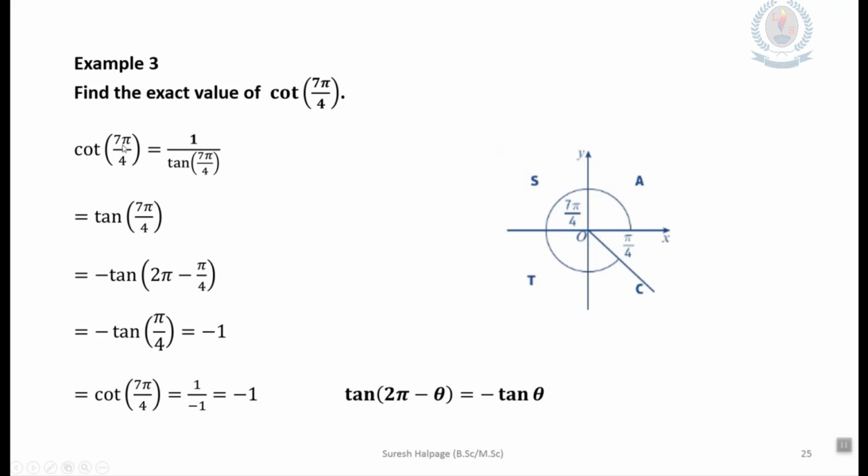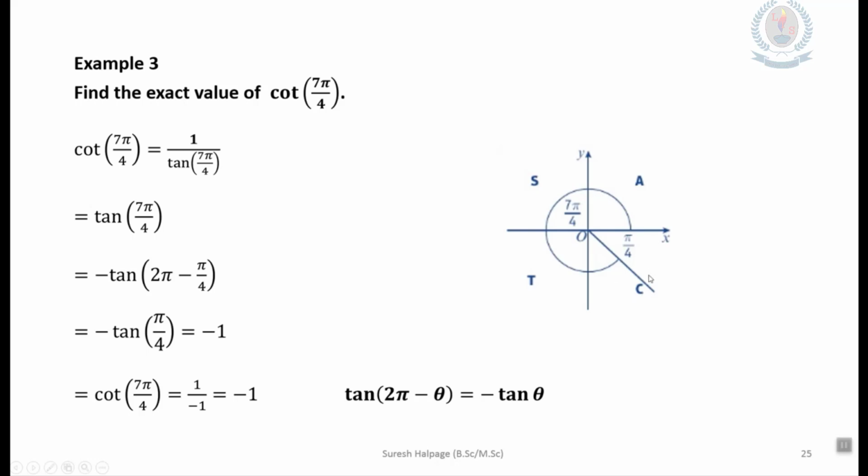Cot theta is 1 divided by tan theta, so cot 7 pi over 4 is 1 divided by tan 7 pi over 4. Tan of 2 pi minus theta is equal to minus tan theta.